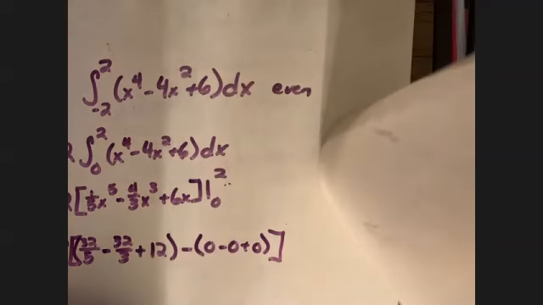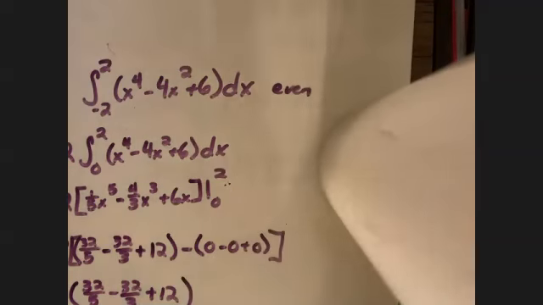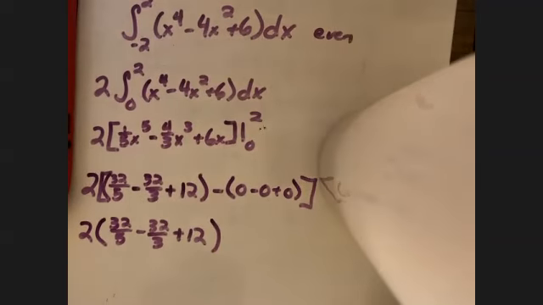Okay. So now I've got 2 times 32 fifths minus 32 thirds plus 12. Okay. So let me move that down. Oh, sorry. A little off screen there.